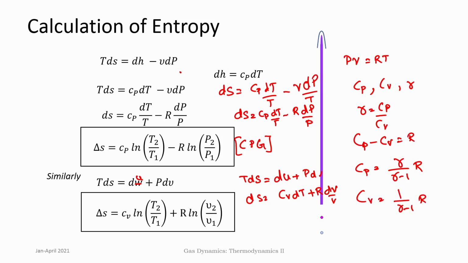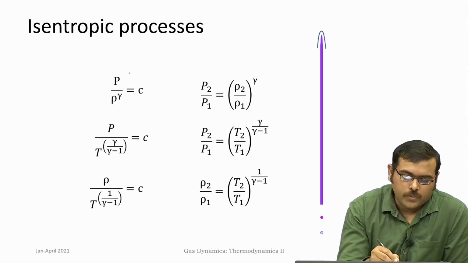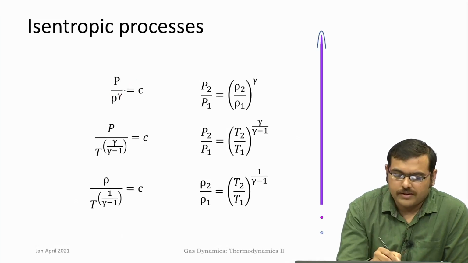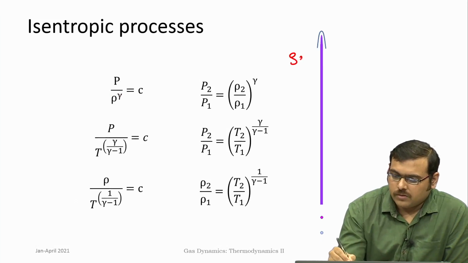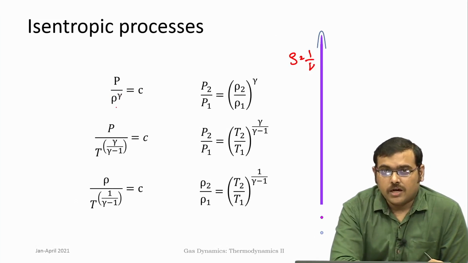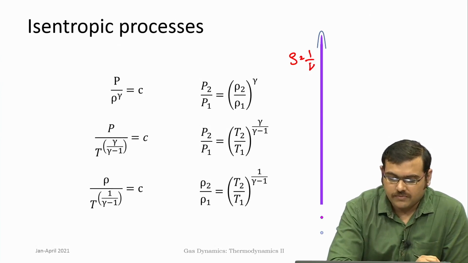You can put them in these equations, and from them derive the conditions for an isentropic process, where the change in entropy is 0. You get P by rho power gamma, where rho is nothing but 1 by specific volume. We use density because density is the one which is important when considering gas dynamic flows.